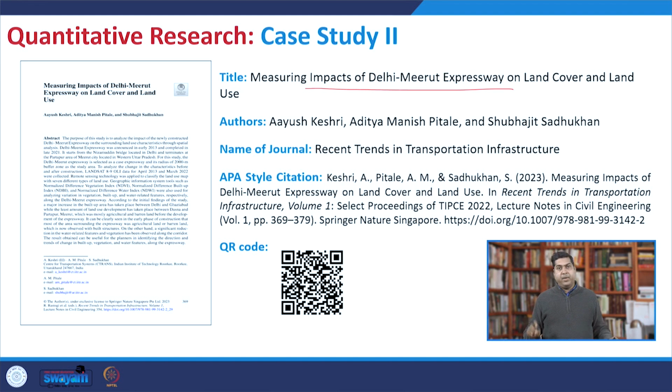But it also impacted certain other areas as well, those which earlier did not have much development. Because of this connectivity, there has been growth, with more settlements coming up along the expressway.